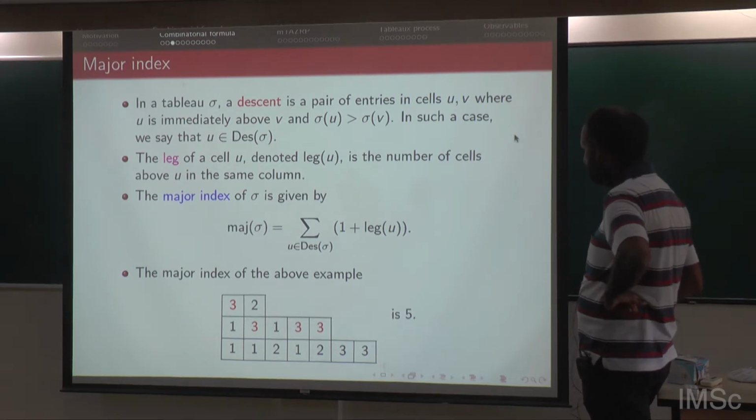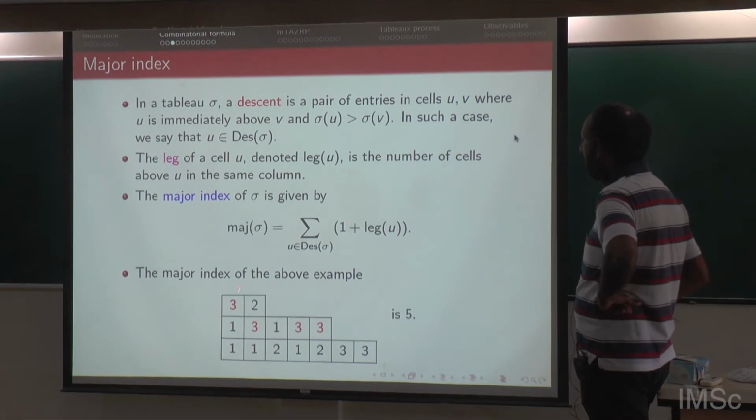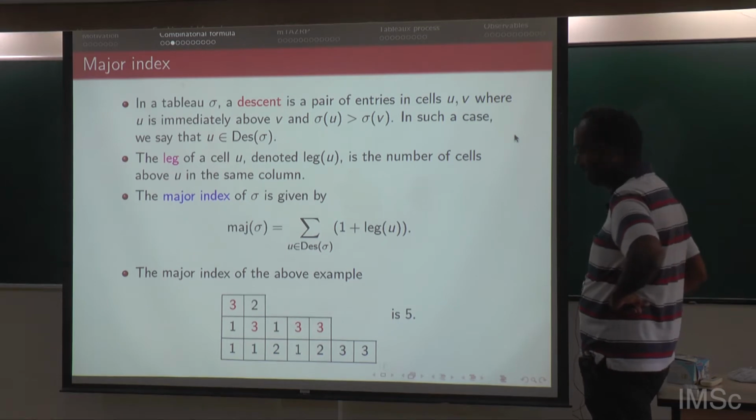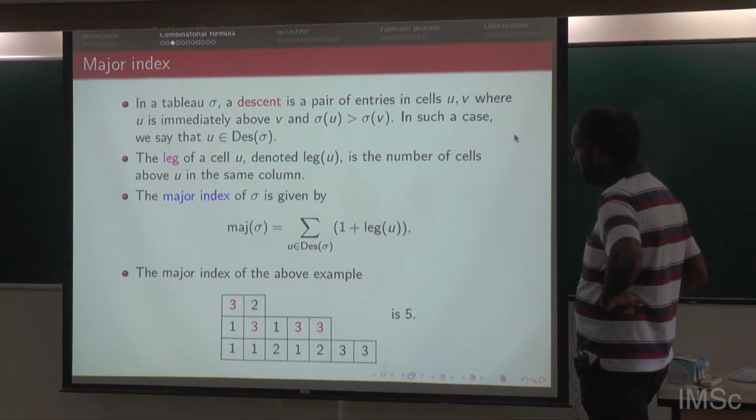So for this example, you look at all cells where the entry in the cell is strictly larger than the cell below it. And then you count how many cells are there above them, including themselves. So this has leg length 0, so this contributes 1, this contributes 2, 1, 1, so you get total 5.